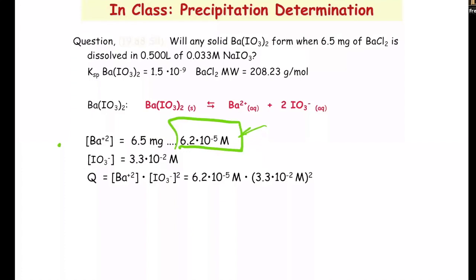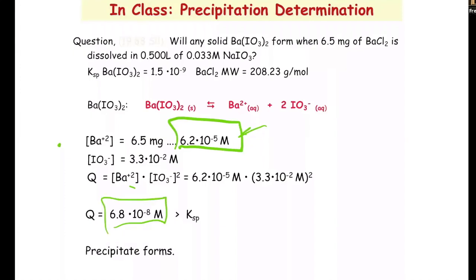And if you multiply that against each other based on this mass action expression, but for Q, you get this number, 6.8 times 10 to the minus 8. And we said that the KSP for this particular chemical is 1.5 times 10 to the minus 9. You can already see that Q is bigger than the KSP, which is 1.5 times 10 to the minus 9.